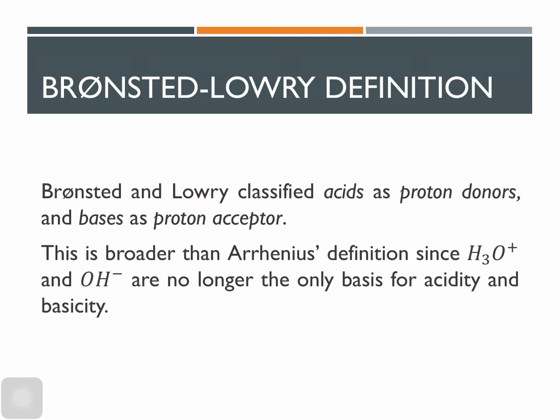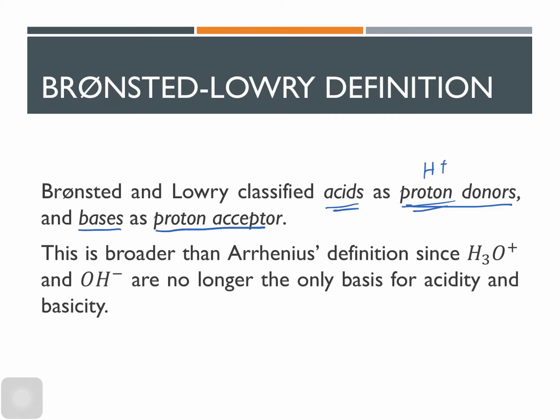Instead of producing just protons and hydroxides, Brønsted and Lowry made the definition broader, wherein an acid will generally produce protons, still H plus, similar to an Arrhenius acid. But this time the term is proton donor for acids. However, for bases, these are molecules that accept protons.